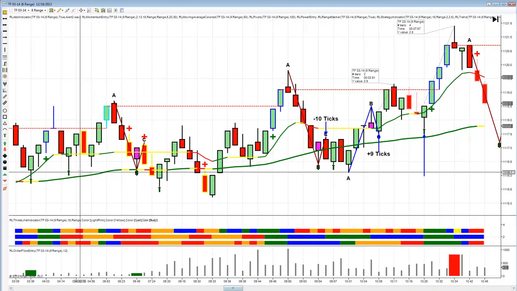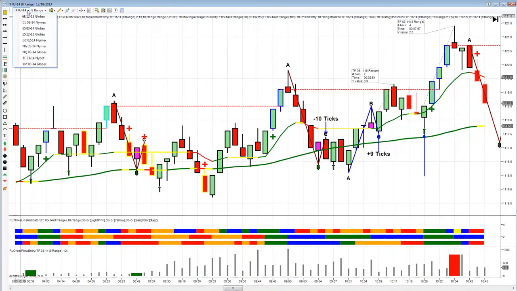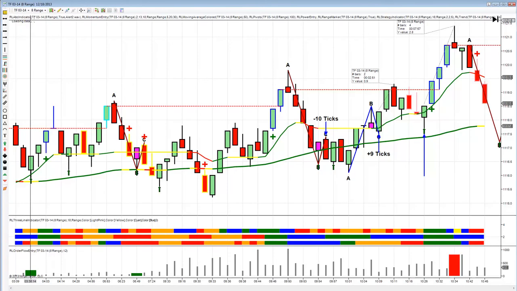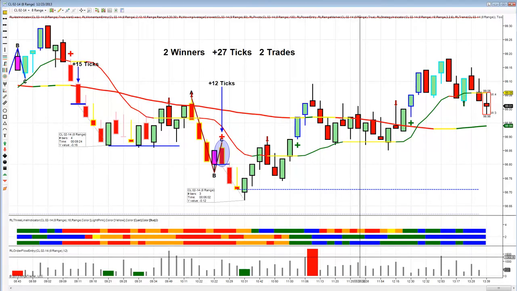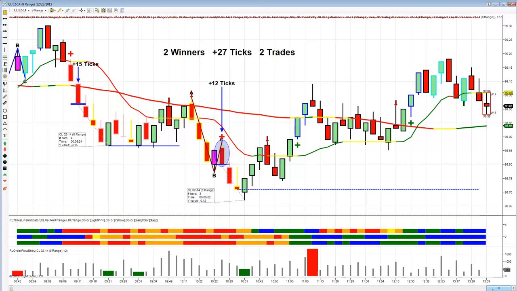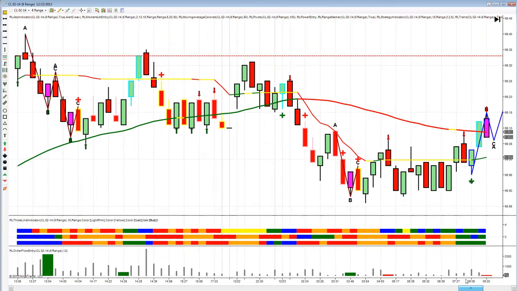So let me move back to crude oil, where I think we're going to find more of these. And I want to show you what I consider to be the most conservative power entries.